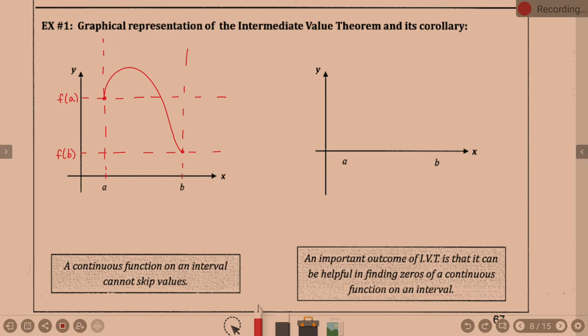All right, now the idea here is that if we pick some value, and I didn't give myself a bunch of room here, did I? But that's all right. If we pick some value here that is between f of a and f of b, so I'm going to pick this value here. It's between f of a and f of b, yes? And this is what we were calling k.